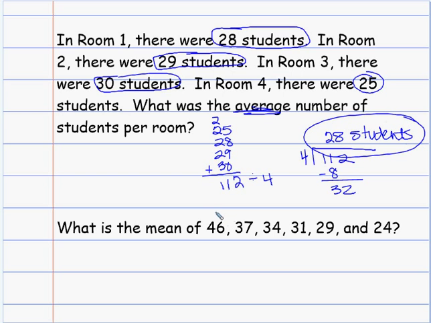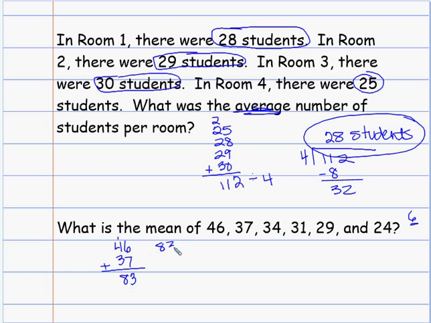average in each room. Now what is the mean of these 1, 2, 3, 4, 5, 6 numbers? Again, add them up, and this time I'm going to add them 2 at a time because these numbers look kind of messy. 3, 4, 7, 8.